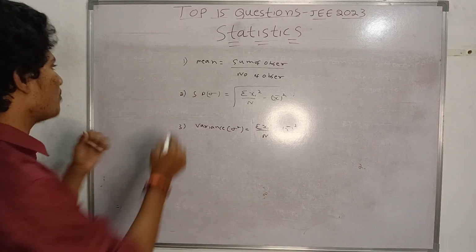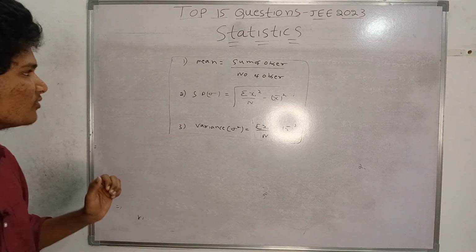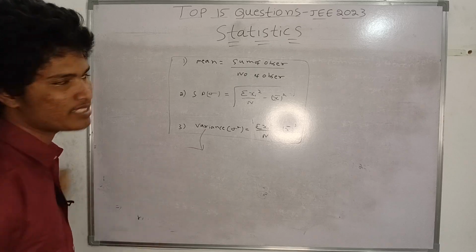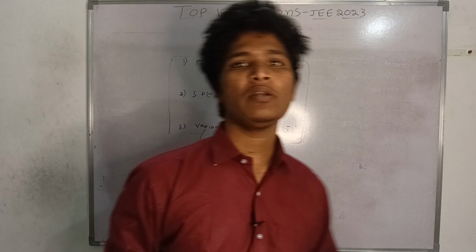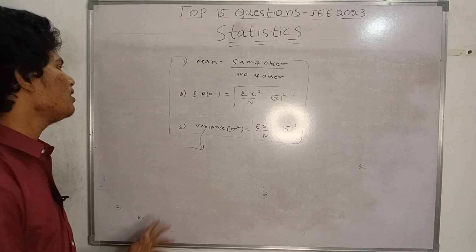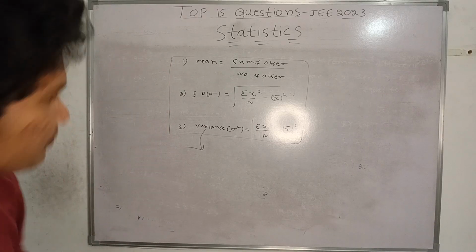So these three formulas alone give you 4 marks. For variance there is another formula you can watch in the Changemakers batch series. It is a very big formula and there is no application, but you have to remember it also. It is the combined variance formula. These 3 formulas you have to remember.